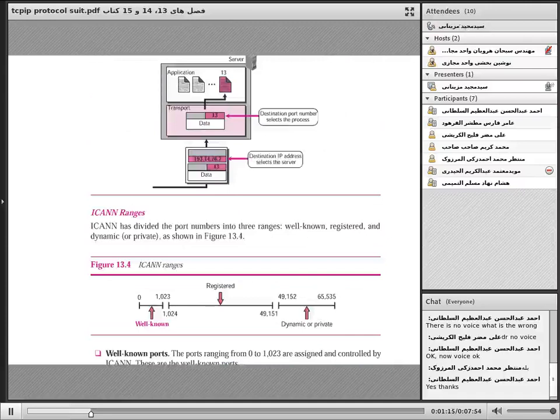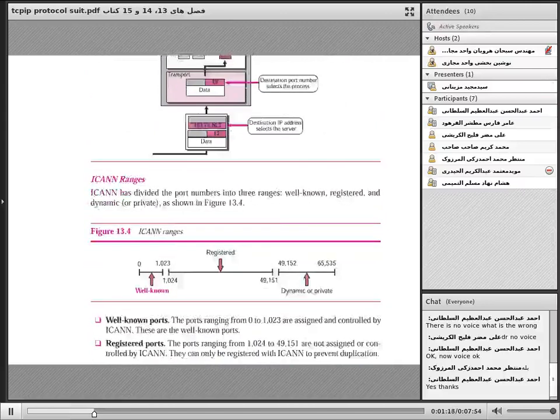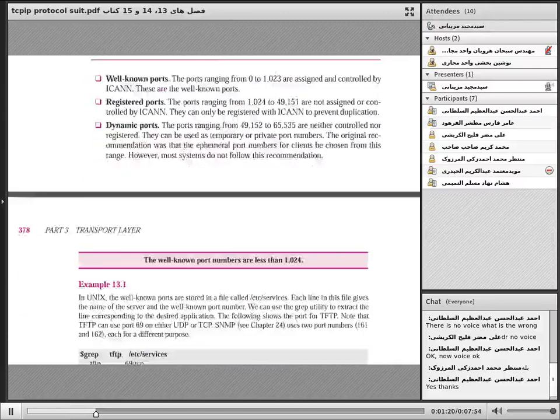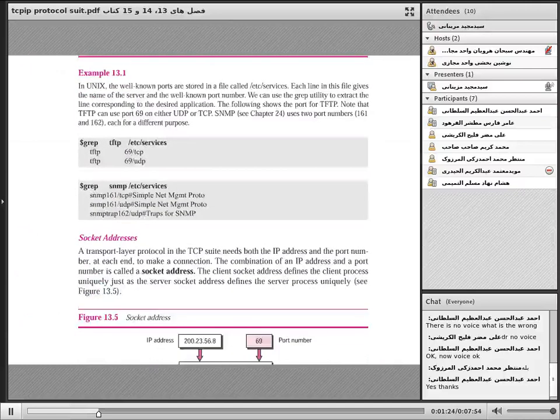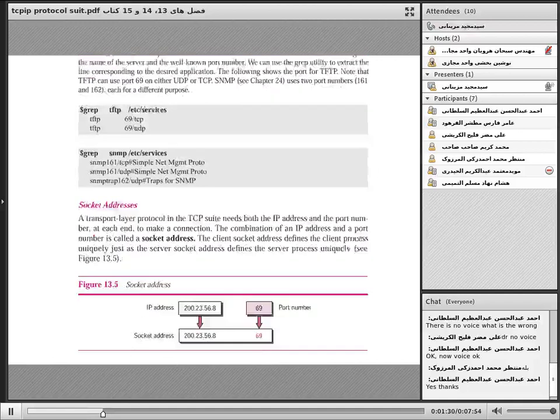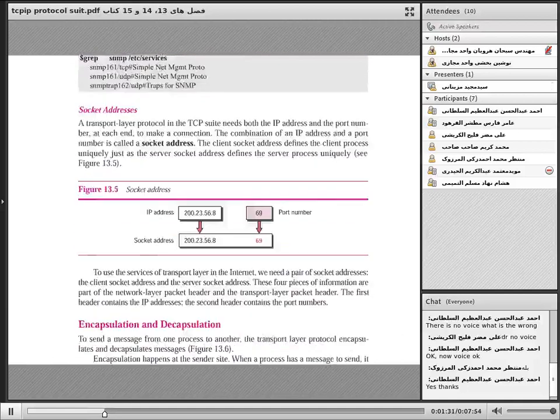The previous session I defined what socket address is. تعریف آدرس سوکت رو براتون بیان کردم جلسه قبل.